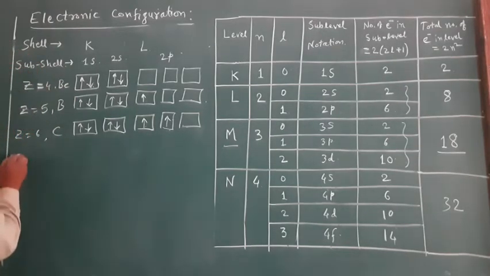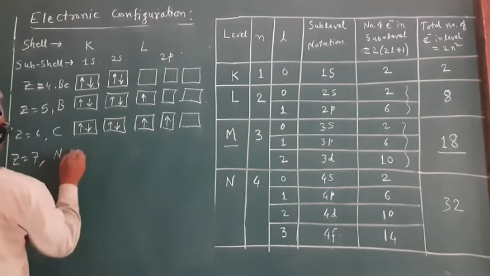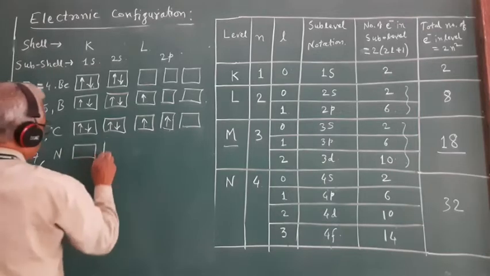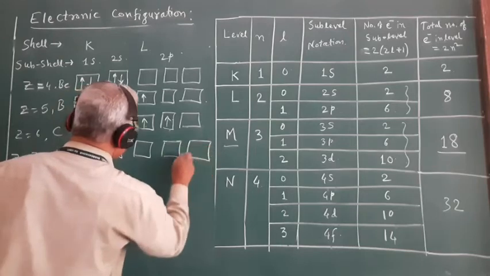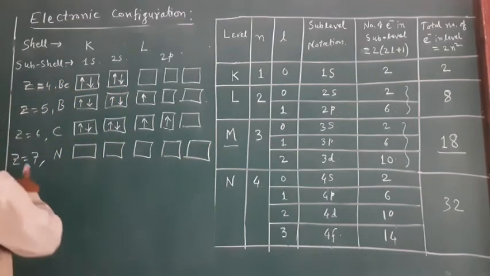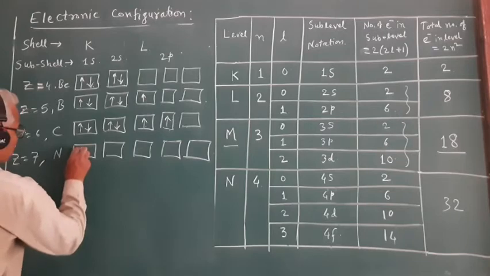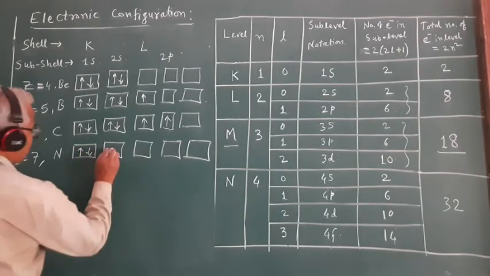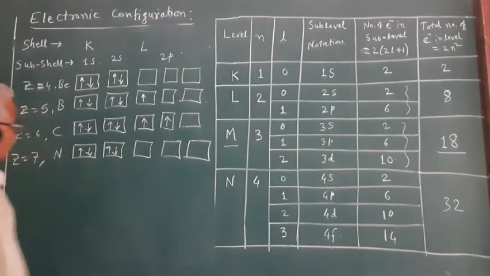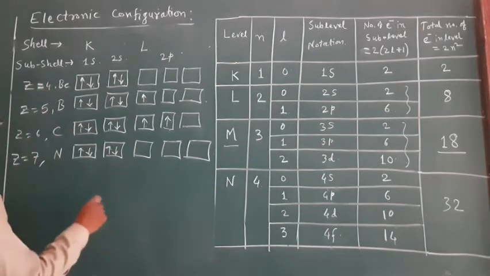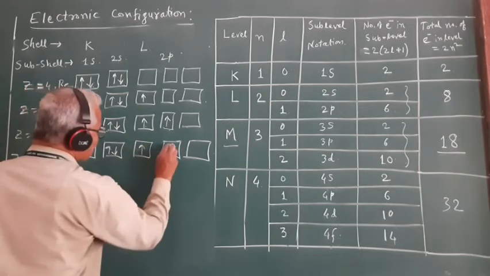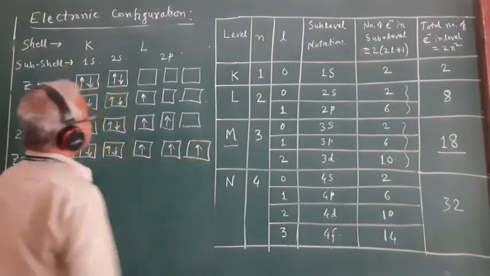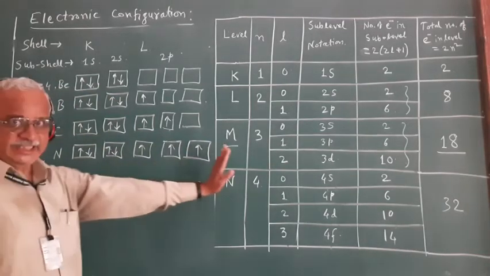Then for Z is equal to 7, nitrogen, the electronic distribution will be like this. Out of these 7 electrons, the first 2 electrons will be accommodated in the 1s level, the next 2 electrons will be accommodated in the 2s level, and the remaining 3 electrons will occupy places in the 2p level separately.